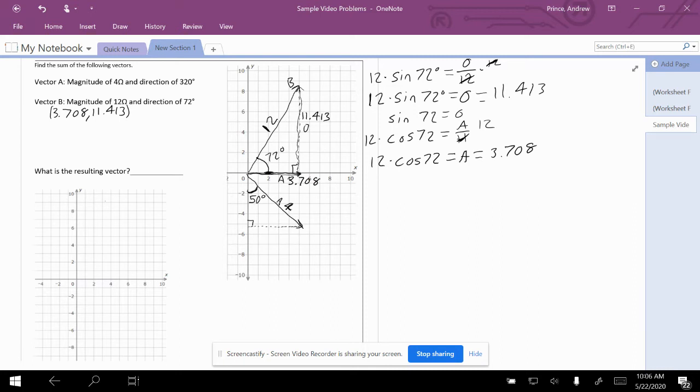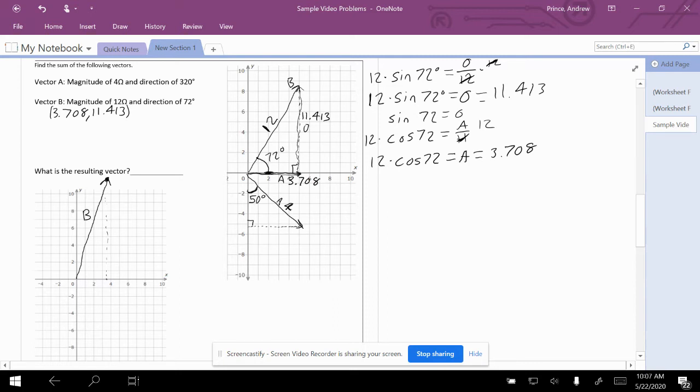So I'm going to go over approximately 3.7 and head all the way up to 11.4. We'll just say that's right here, and let's label that. So that's vector B.